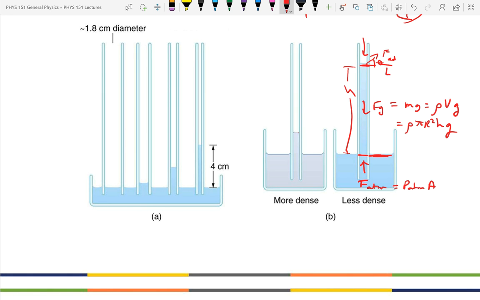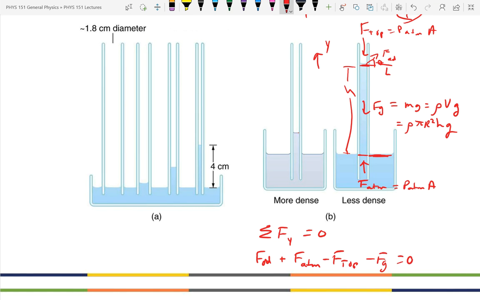And at the top, I have, again, force top equals pressure atmosphere times area. Using Newton's second law, the sum of the forces in the vertical direction equals 0, which means I'm going to have force adhesion plus force atmosphere minus force top minus force of gravity equal to 0.